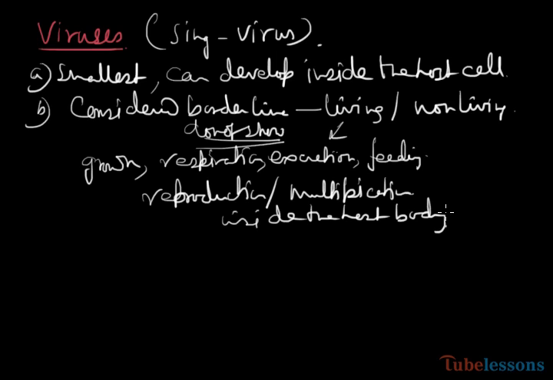So, they can reproduce or multiply only inside the host cell, which is considered to be the living characteristics. So, most of the characteristics are non-living, and the living characteristics can be identified with reproduction inside the host cell. So, that is the reason they are considered in between living and non-living.